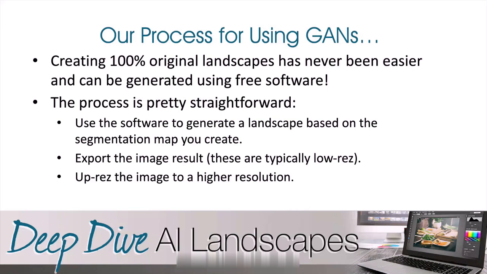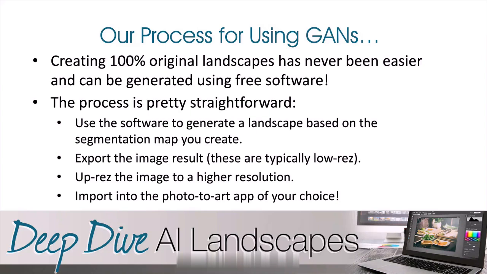They're typically at that resolution too small to really do anything with from a print perspective. So you'll want to up-res that image to a higher resolution. We'll talk more about that in just a moment. And then import the result of that into a photo to art app of your choice, which I'll be sharing some of my favorites, and you probably likely have many that you already use as well.